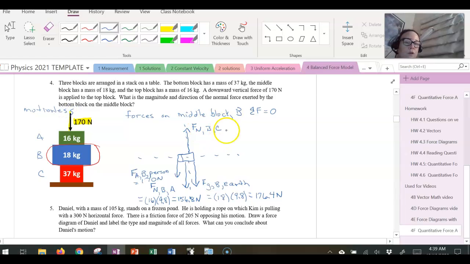Then this normal force that C is exerting must equal all of the things down below. Since the net force is 0, that must mean that the normal force that is being exerted on B by block C must equal the 170 plus the 156.8 plus the 176.4, because we have to have as much force going up as we do going down.